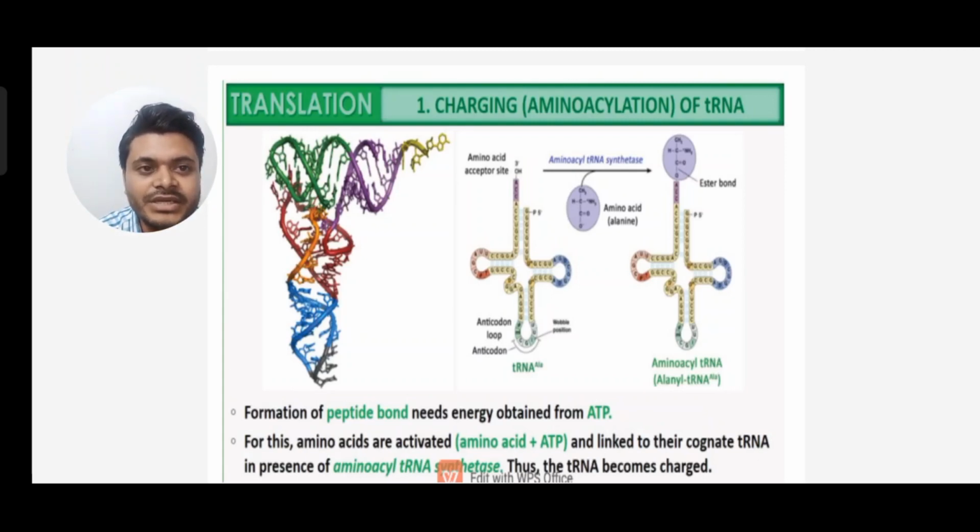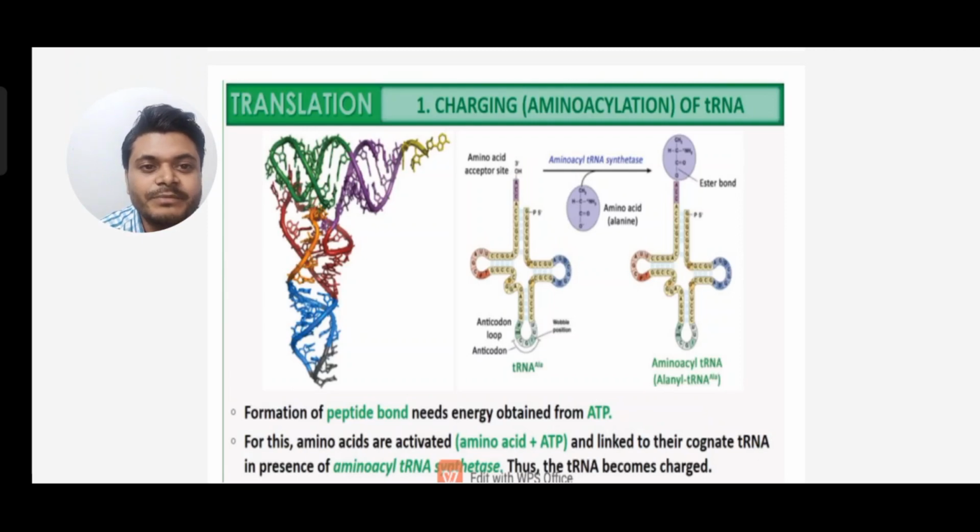Again, I repeat, this tRNA has different loops: one side is the amino acid acceptor site, another side is the anticodon. Whenever this tRNA is in the presence of the enzyme aminoacyl tRNA synthetase, it's converted into aminoacyl tRNA. That is the charging of tRNA, that is aminoacylation.